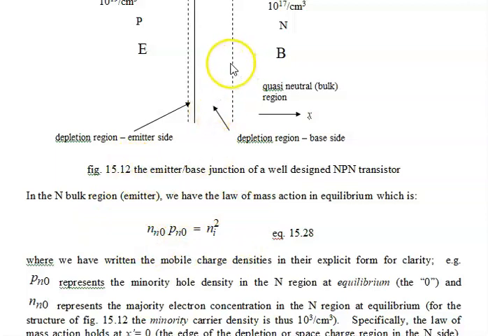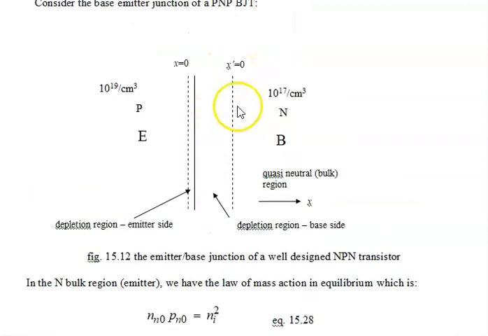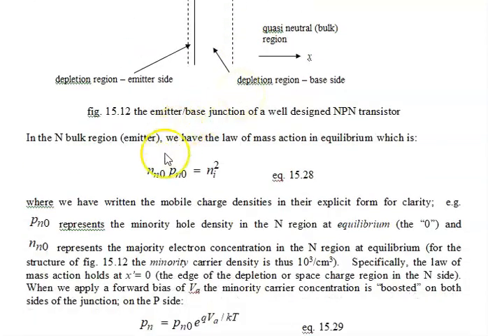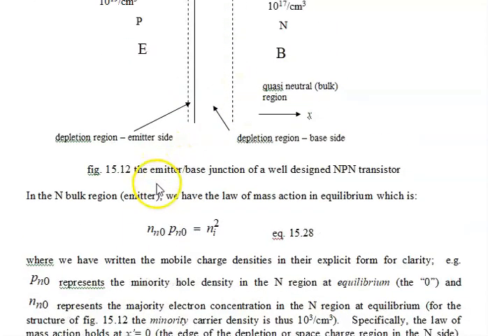At this point, at x prime equals 0, or in the bulk, we're going to start with the bulk, and then we're going to go with the depletion region edge. So in the bulk, the number of majority electrons, that's why it's NN, and 0 represents equilibrium, multiplied by the number of minority holes in the N region at equilibrium is equal to Ni squared.